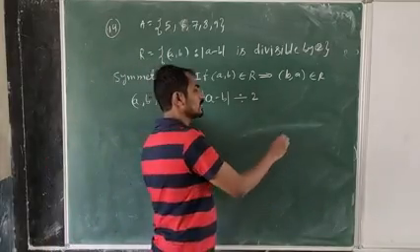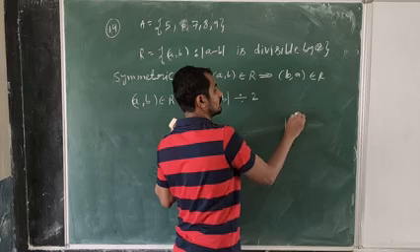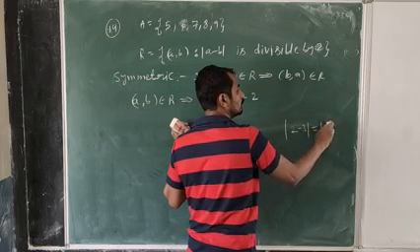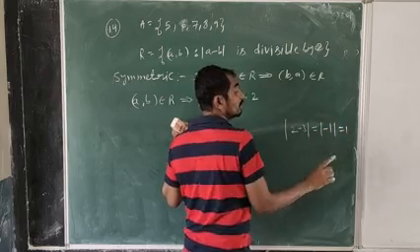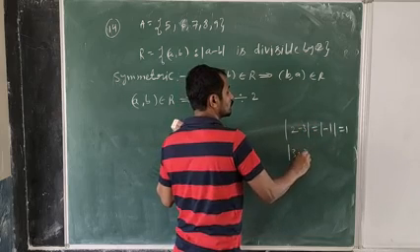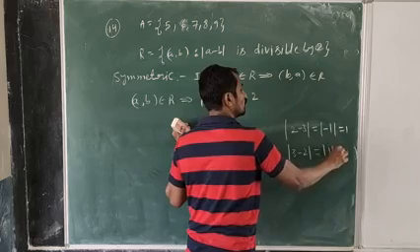Where is the mod symbol? Suppose I have 2 minus 3, mod of 2 minus 3, that is mod of minus 1, which is plus 1. Suppose I have 3 minus 2, that is mod 1, equal to 1.